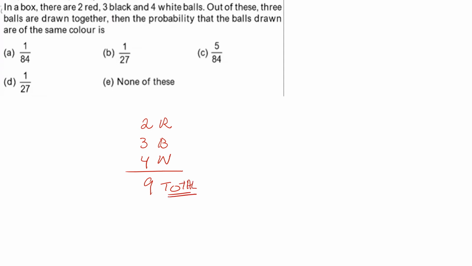Out of these, 3 balls are drawn together. So the total selection will be 9C3. Total number of outcomes will be 9C3, selecting 3 balls out of the total 9 balls.